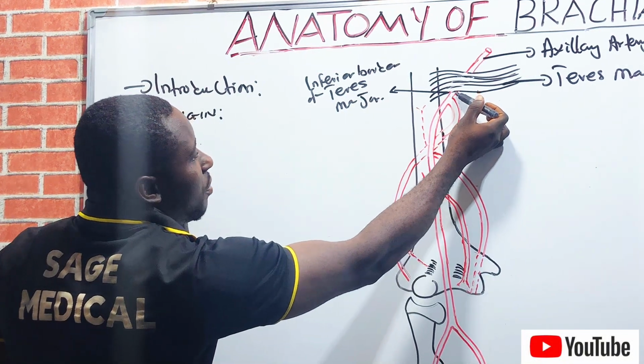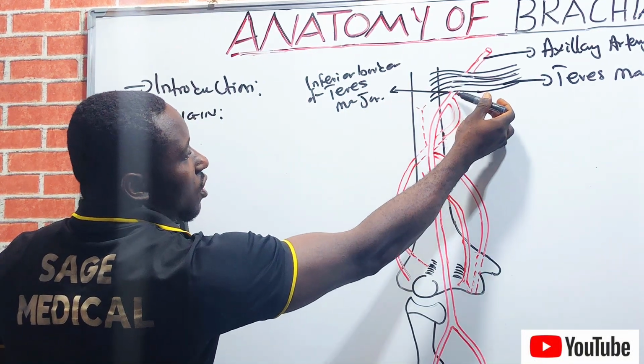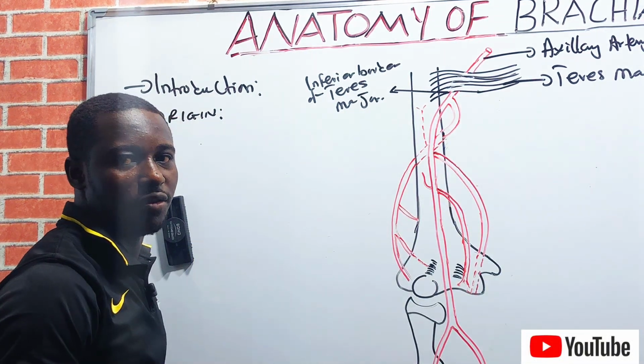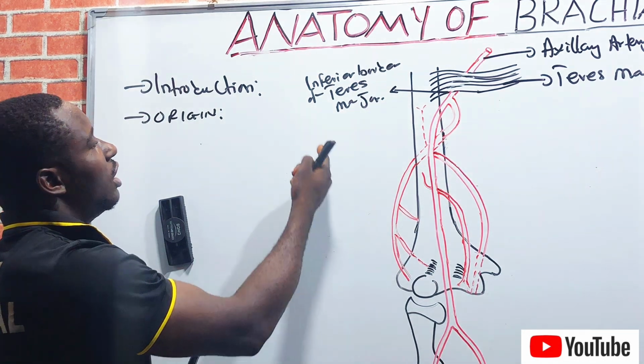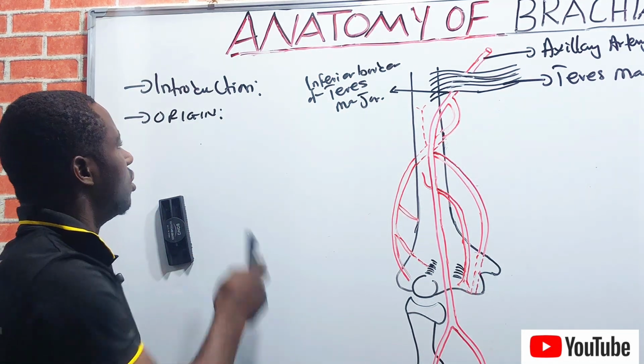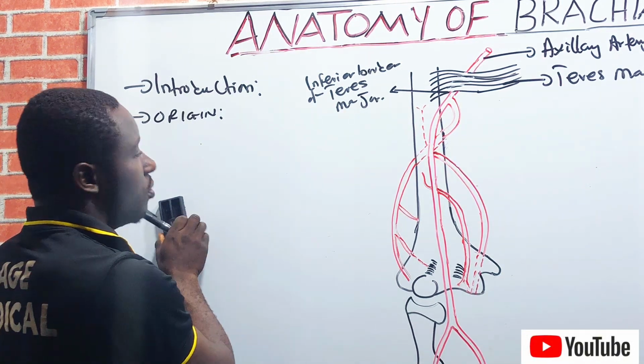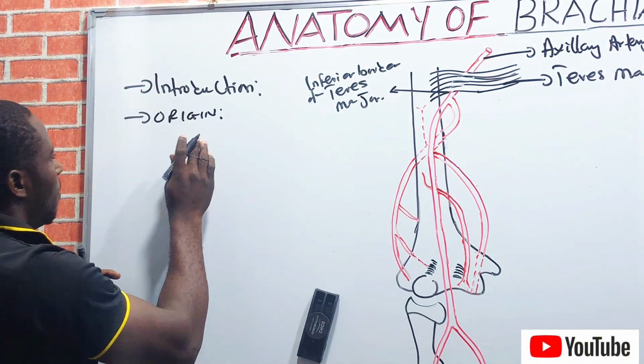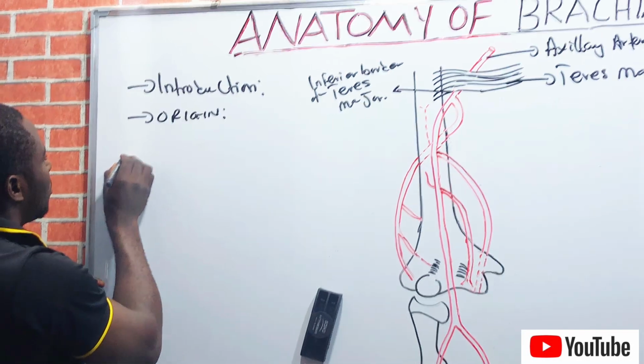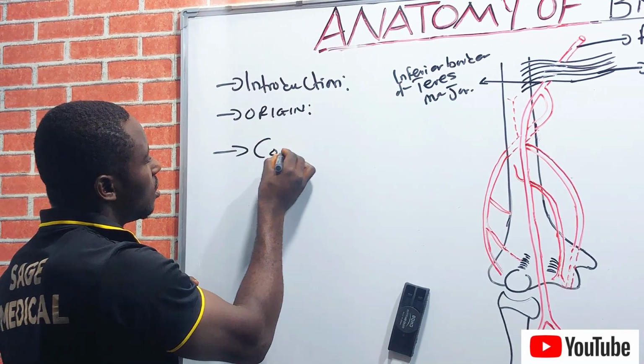At the level of the inferior border of the teres major muscle, it crosses downward medially in the front of the arm and becomes the brachial artery. So that is the origin. Okay, go to the next one, which is the course.